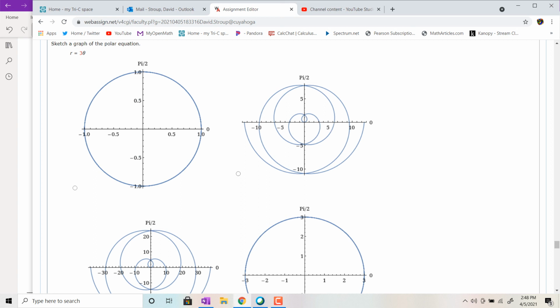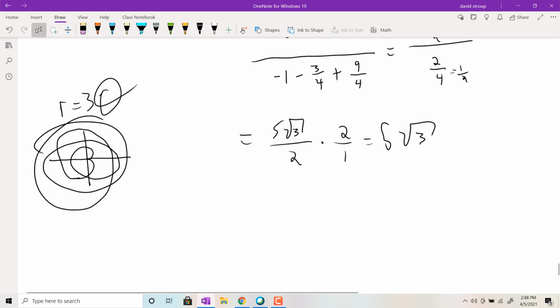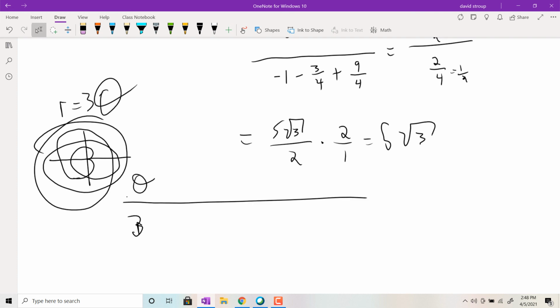So usually you just convert things. You could do a table of values if worse comes to worse. So theta and r is equal to 3 theta. So 0 will give you 0. Pi over 2 will give you 3 pi over 2. And of course, pi is 3.14, right? So you can literally put it in your calculator and figure it out. 3 pi over 2 is 4.7-ish.